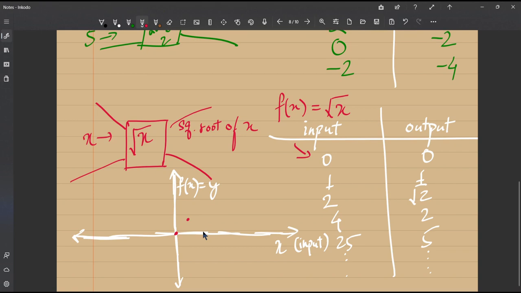So the increase in x would be 2, but y wouldn't increase as much, so I'm plotting it here somewhere. 4 would output 2. There will be 25 somewhere here, and the output will be 5. So the function would look something like this.